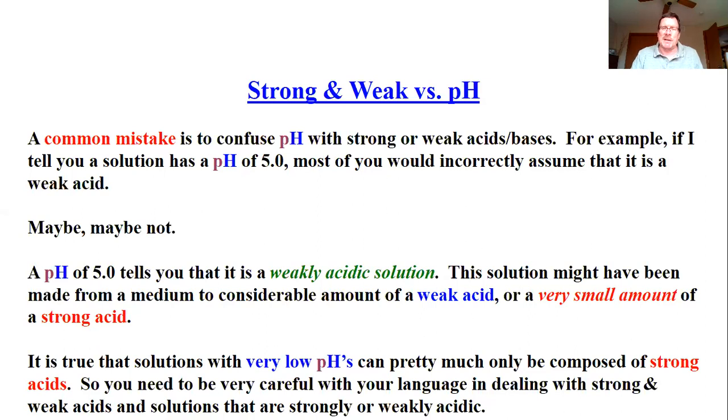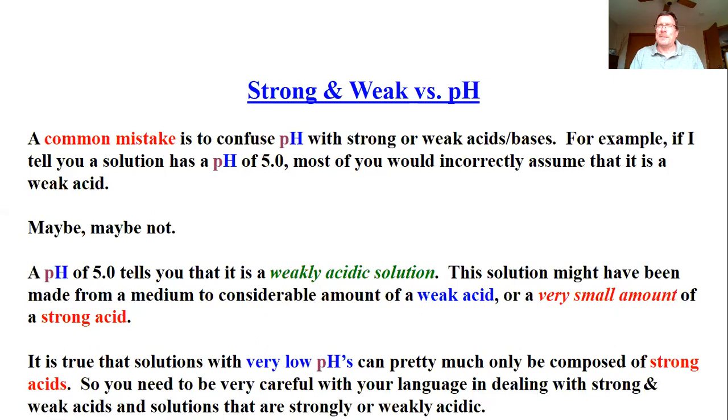On the other hand, if it is a weak acid, it could be a very heavy duty, high molarity weak acid. So, you know, it depends. You just can't tell.